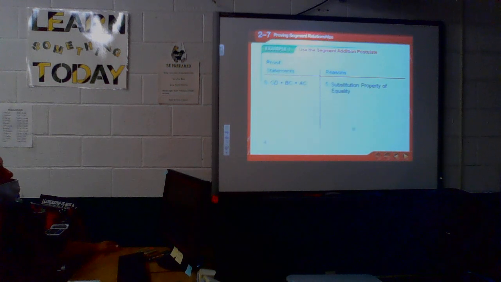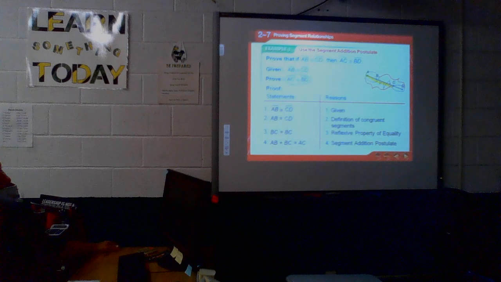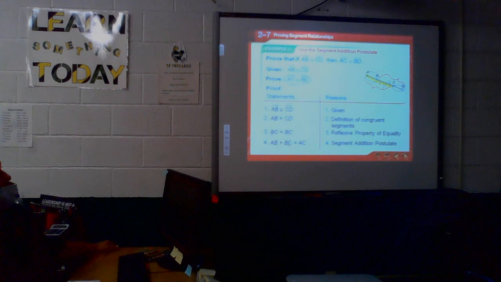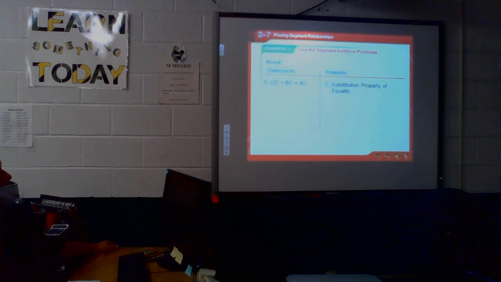So basically what they're saying here is the other side of this. And if this part right here is equal to this part right here, then the answers have to also be equal to each other, right? So we're going to say CD plus BC equals BD.